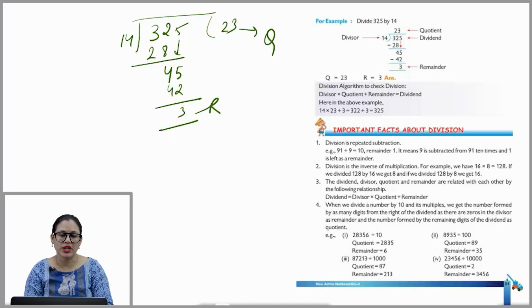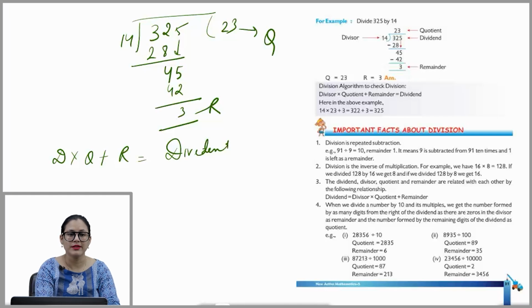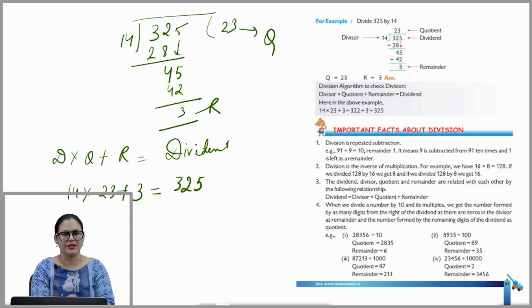Division algorithm to check division, and you can also check your division whether you have done the division correctly or not. So, here is the formula: divisor into quotient plus remainder is equals to dividend, okay, right. So, what is the divisor? Divisor is 14, quotient is 23, and what is the remainder? 3, and it should be equal to 325, which is a dividend, okay.